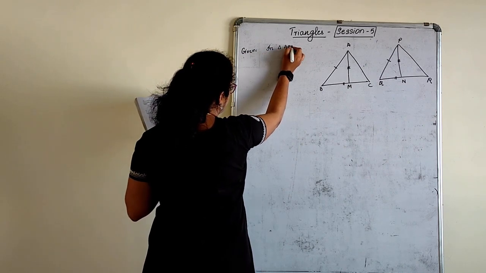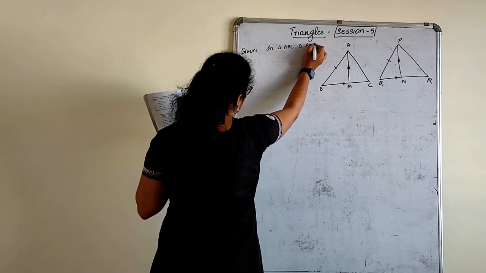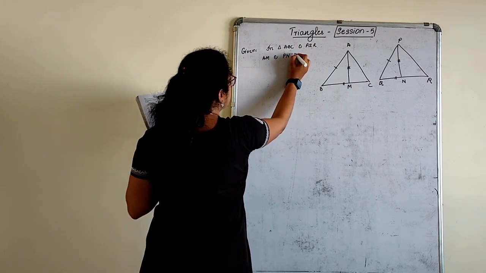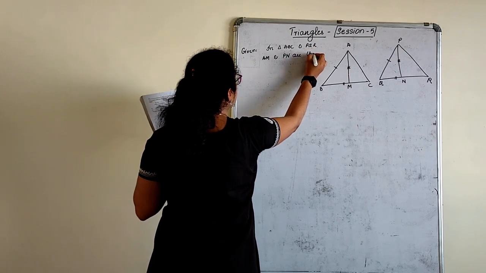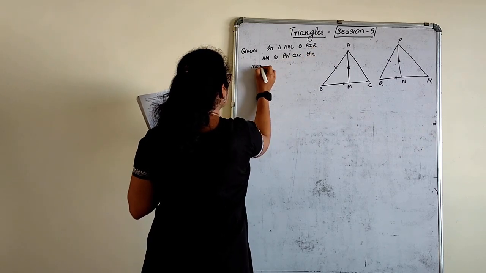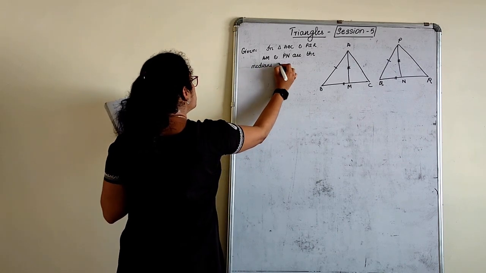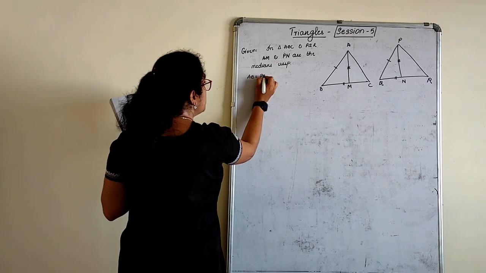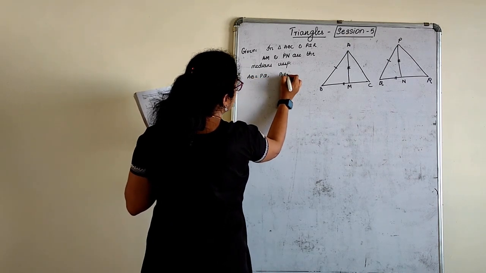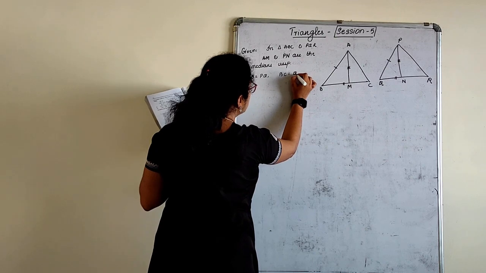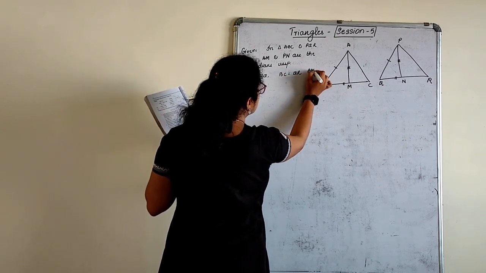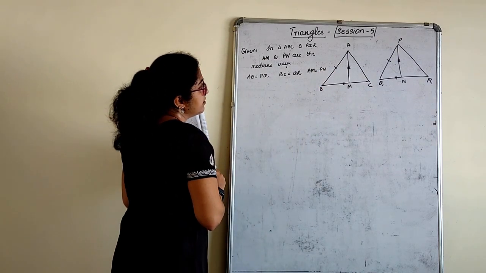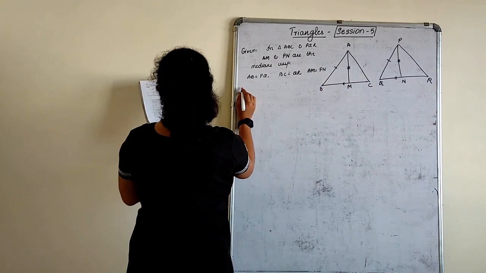In triangles ABC and PQR, AM and PN are the medians respectively. So what they have given? AB is equal to PQ, BC is equal to QR, AM is equal to PN. Okay, this was just given here. What we have to prove?